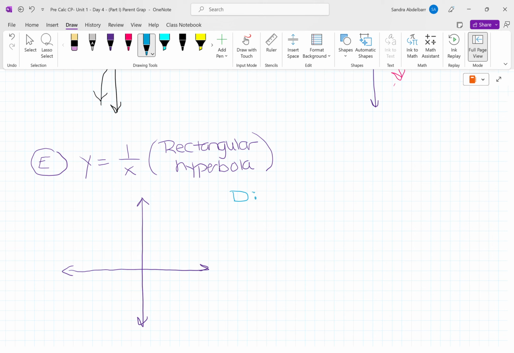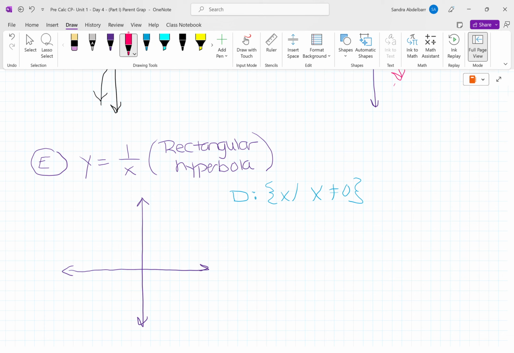And there's definitely a restriction on our domain here. Before I graph it, if I have 1 over x, what do we know x cannot equal? X can't equal 0, exactly. So our domain is basically every number could work except 0, right? Every number is okay.